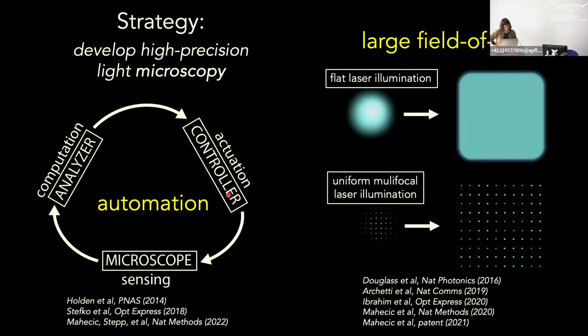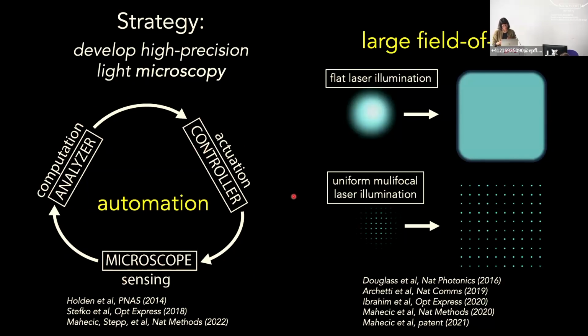But nevertheless, this whole idea of having a microscope that is imaging the sample, that's a sensing component, and then in real time having an analyzer which figures out how you're doing in terms of the imaging, that performs a computation on that image, and then actuates the controller to then adapt the measurement. So that's the general idea.